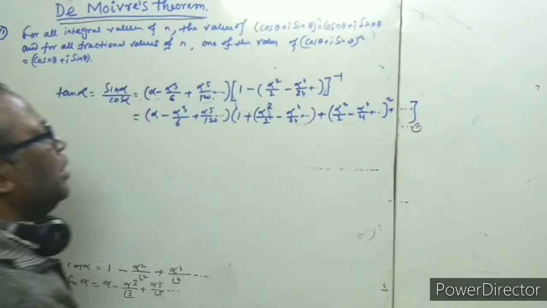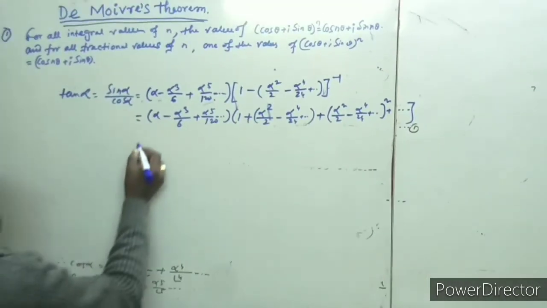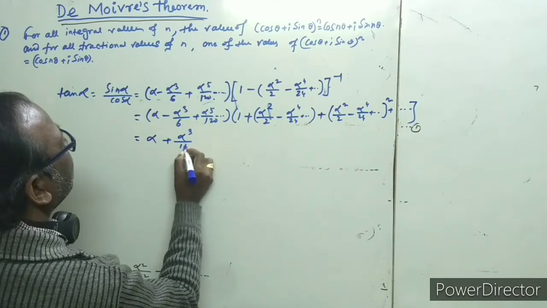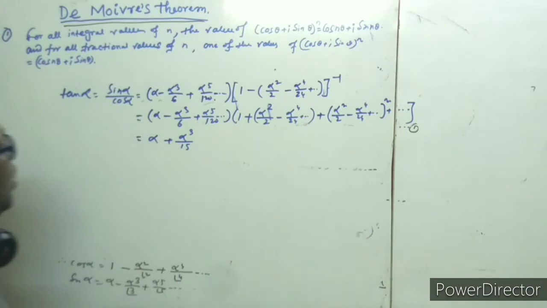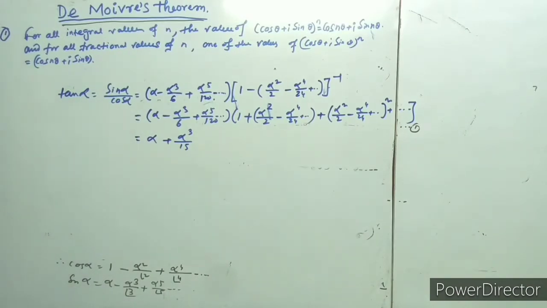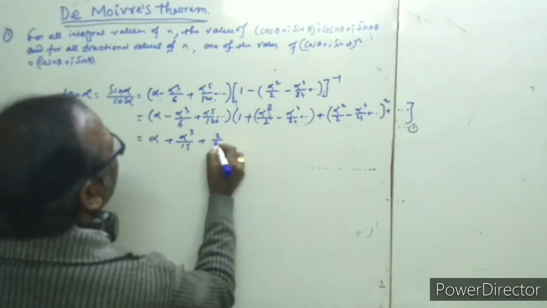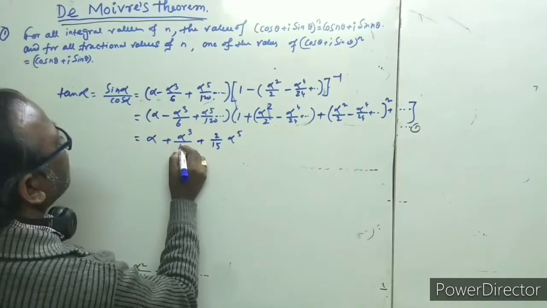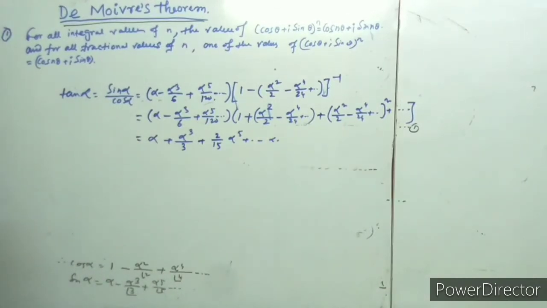And multiply, then we get the relation. We get the relation here, alpha cube by 15 here, and another two by 15 into alpha to the power 5, and that is 3. Sorry, this is 3 here. Okay, this is the expansion of tan alpha.